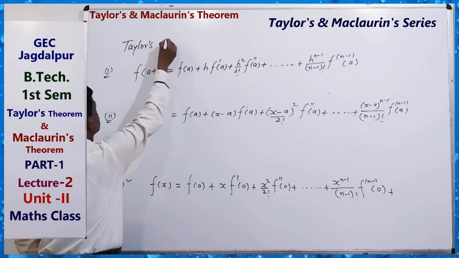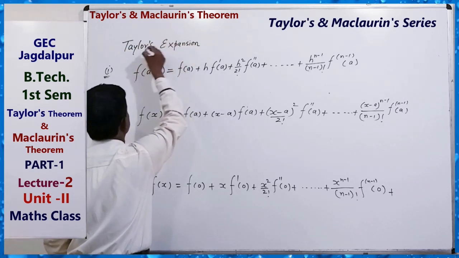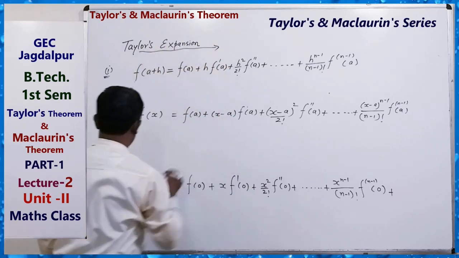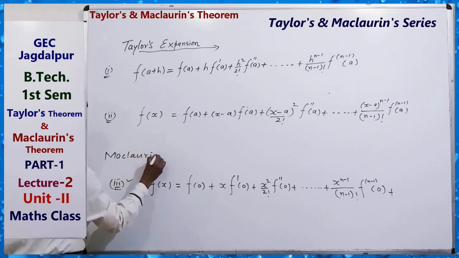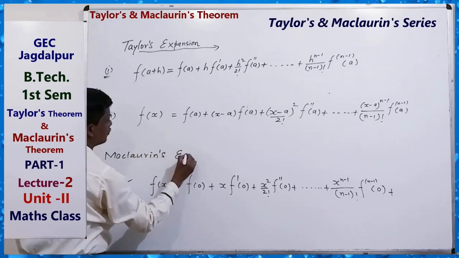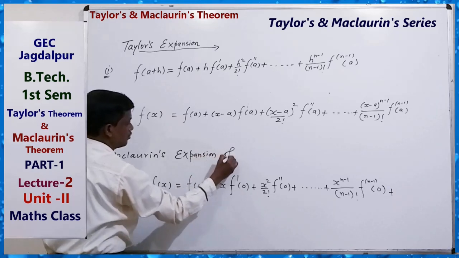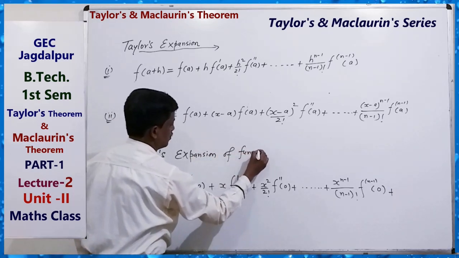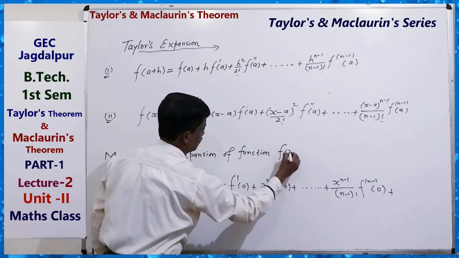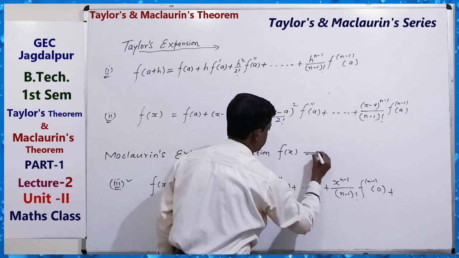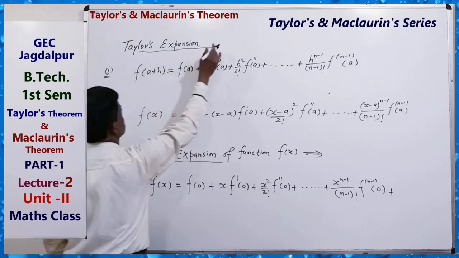Taylor's expansion. Maclaurin expansion is the Taylor expansion about 0.